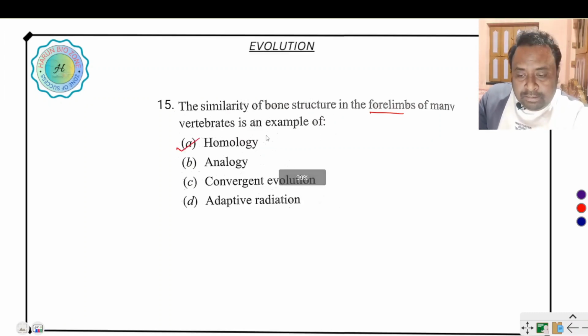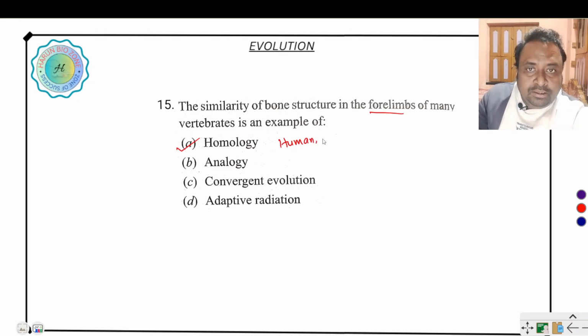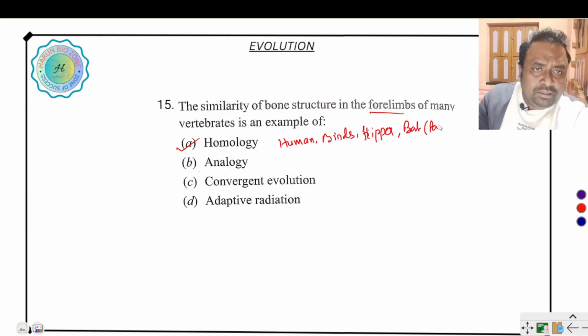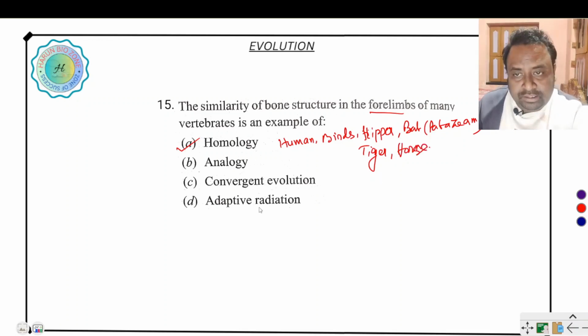Like the similarity of human, bird, whale flipper, bat patagium, tiger forelimb, horse forelimb. They are anatomically the same, functionally different.